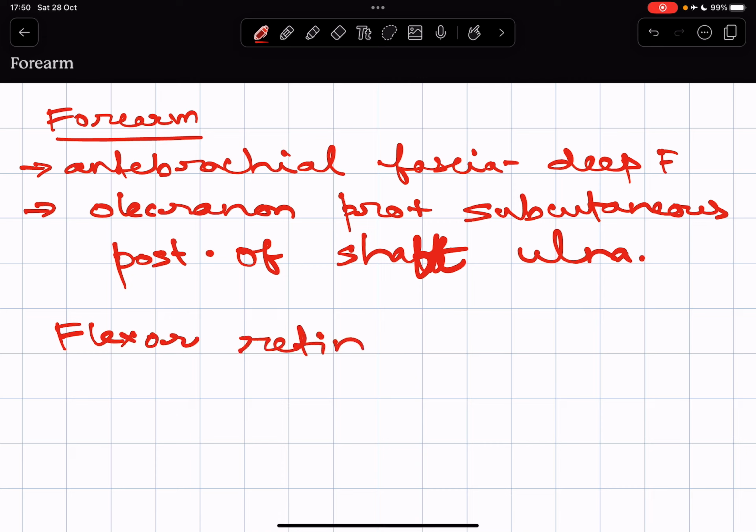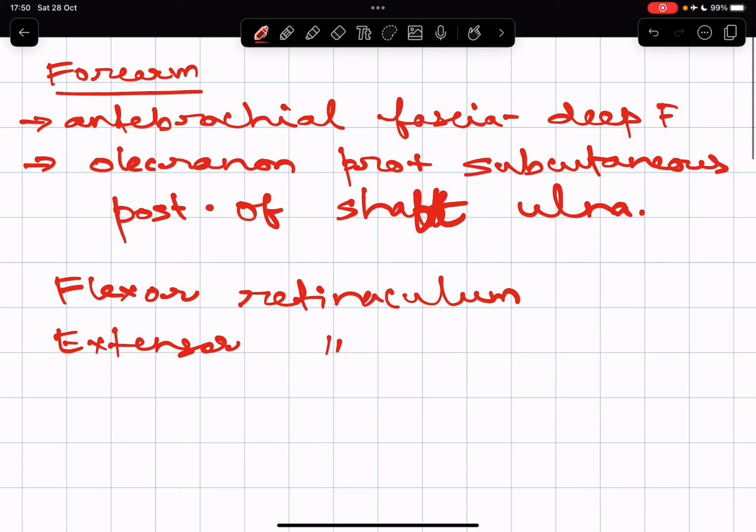Similarly, on the back of the wrist, it forms what is called the extensor retinaculum. And this deep fascia not only covers the muscles, but also all the other structures in the forearm, such as the vessels, the nerves, etc.